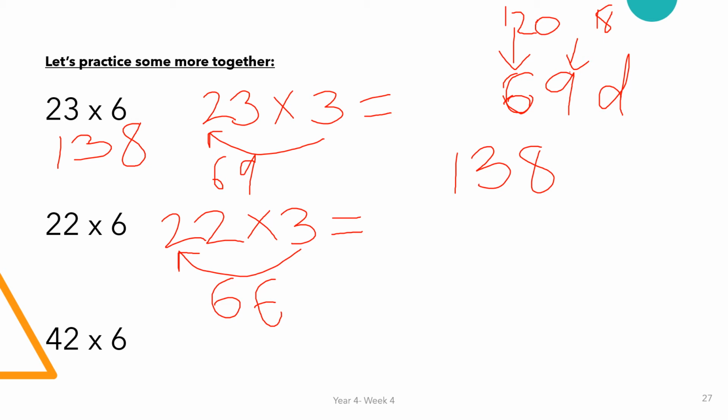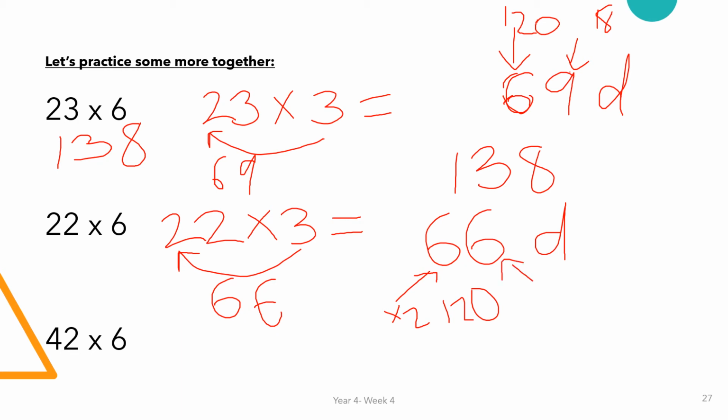We know once we've multiplied it by 3 and made it an easy question, we're now going to double that answer. So 66 double. And when we do our double, we're just multiplying this by 2. So we know 6 times by 2 is 12, because it's in the tens column, it's 120.